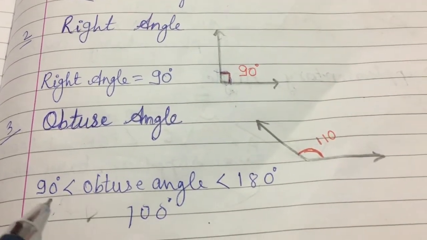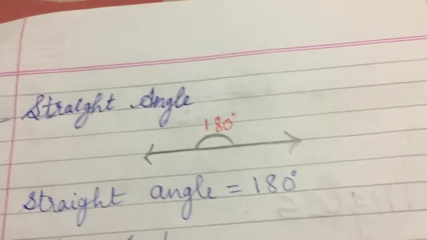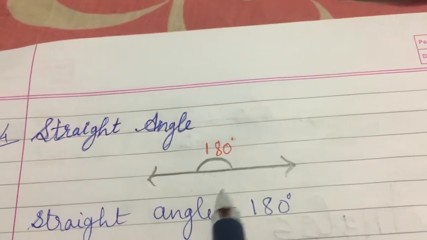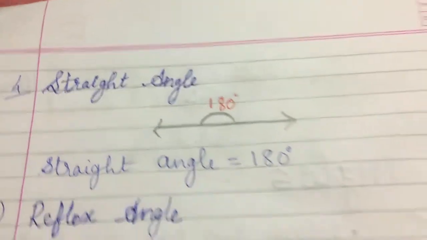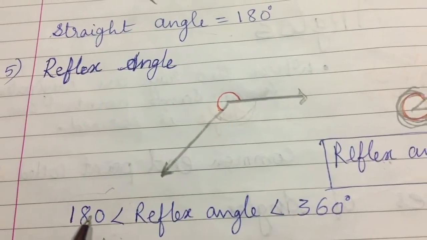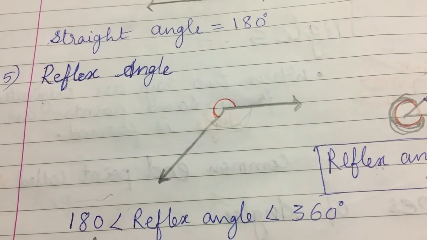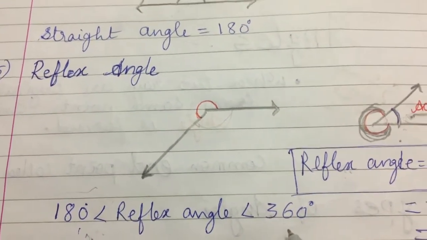So this is your obtuse angle. Now next we will see the straight angle, which is always 180 degrees. Now next is your reflex angle. A reflex angle is greater than 180 degrees, but less than 360.